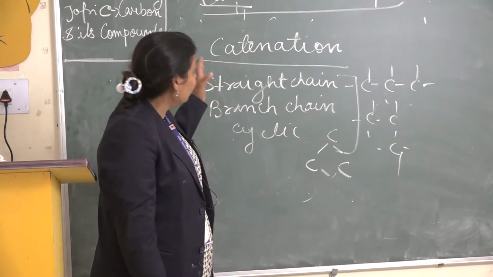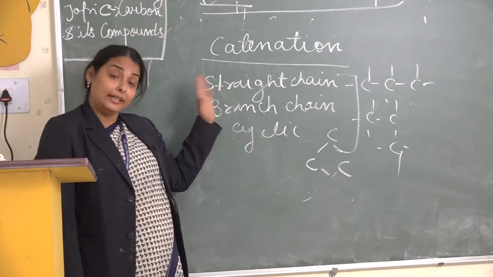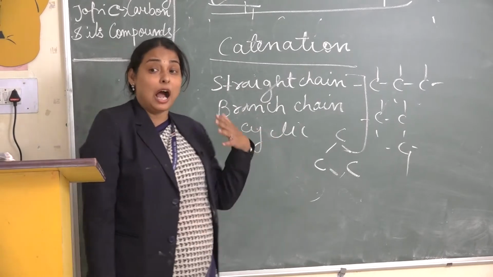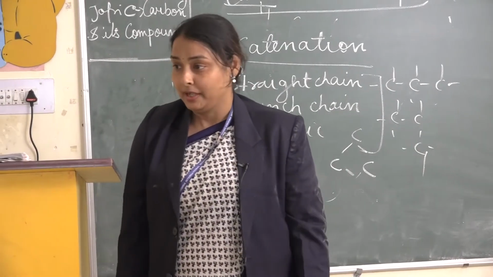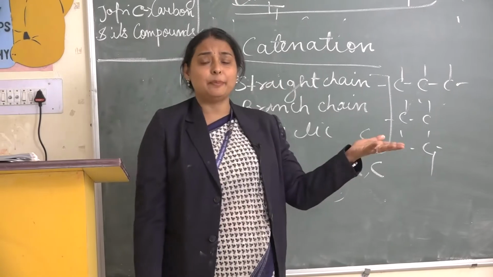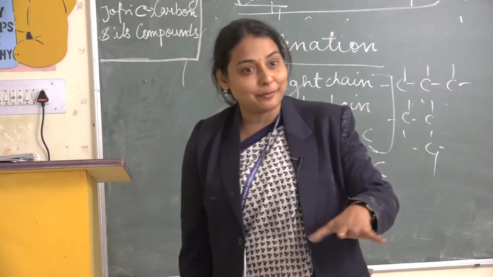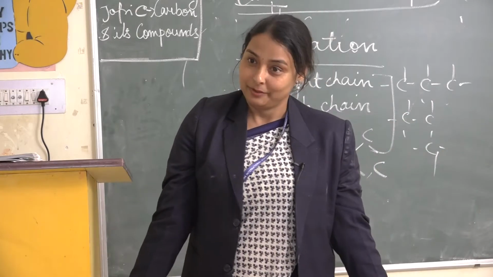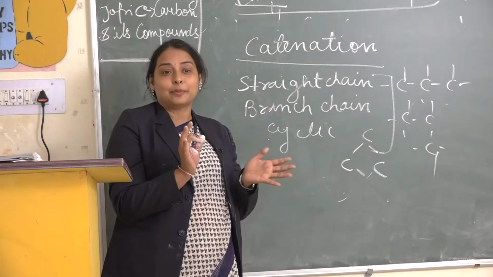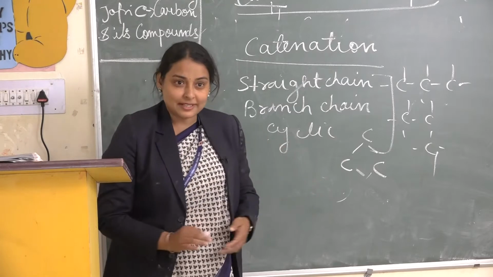So in catenation we are learning how we arrange this carbon. It can be straight, branched, or cyclic, it can be 4-membered, 5-membered, or 6-membered also. We can arrange this carbon in this way. Is it clear to you?